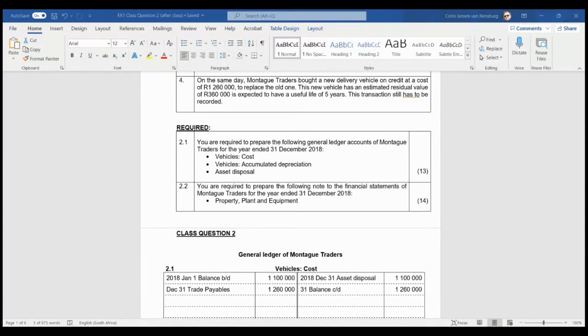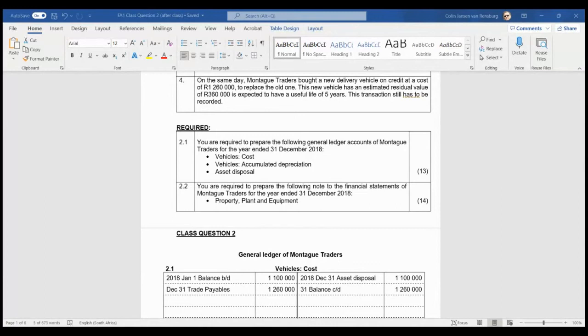We are reconciling the opening carrying amount for each category of PPE with the closing carrying amount. And we also know that the carrying amount consists of the cost less the accumulated depreciation.